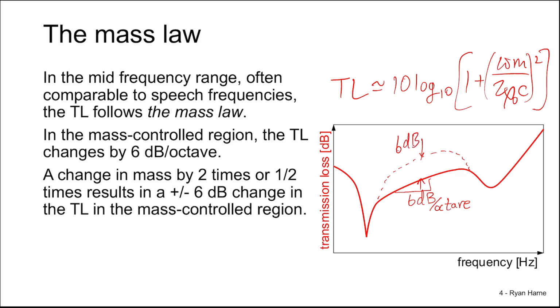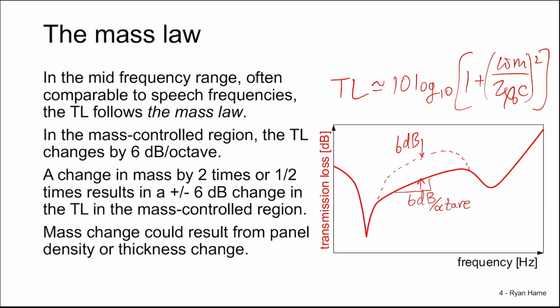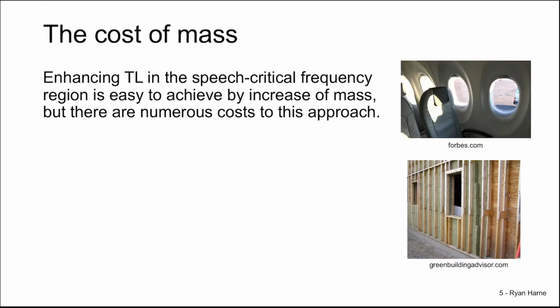Similarly, if we reduce the mass by 1/2, by cutting the thickness in half, or using a material with half the density, we'd result in a uniform minus 6 dB change over the transmission loss in the mass-controlled region. And this mass change could be affected by either changing the panel density or thickness.